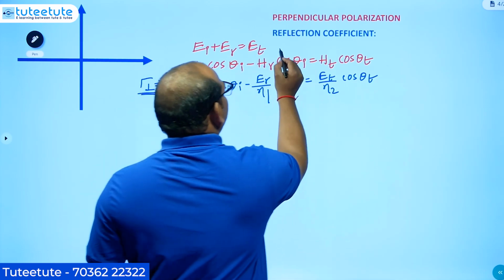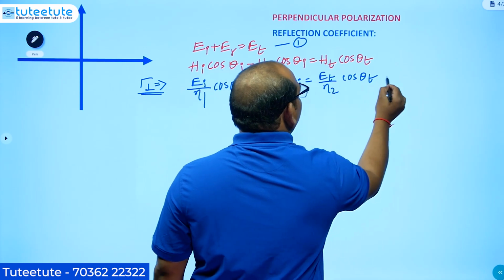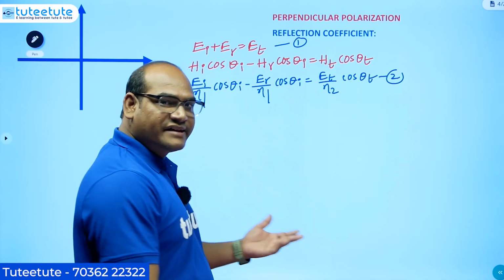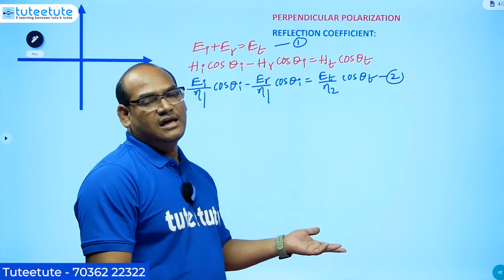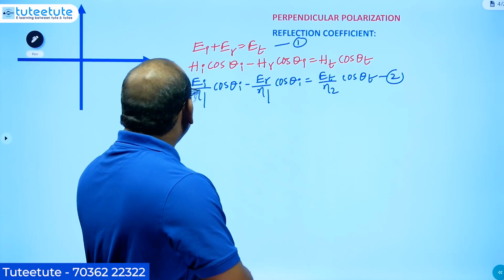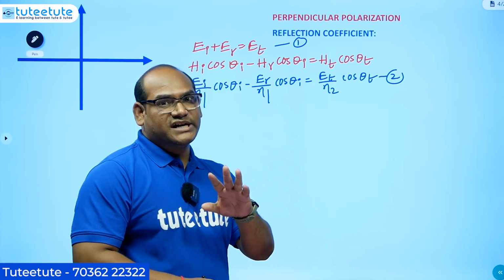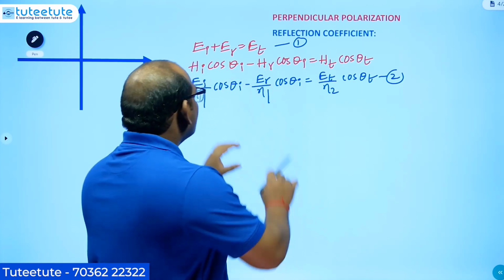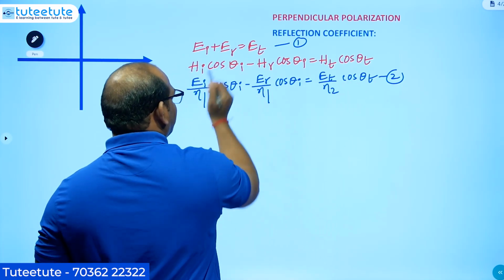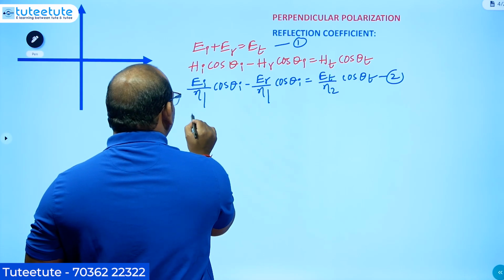Now take this as equation 1 and this as equation 2. Using these two equations, we can get the ratio of ER and EI, or we can get the ratio of ET and EI. To get this reflection coefficient, we need to eliminate ET. So in this equation, wherever ET is there, you substitute equation 1, that means EI plus ER. So what will we get?